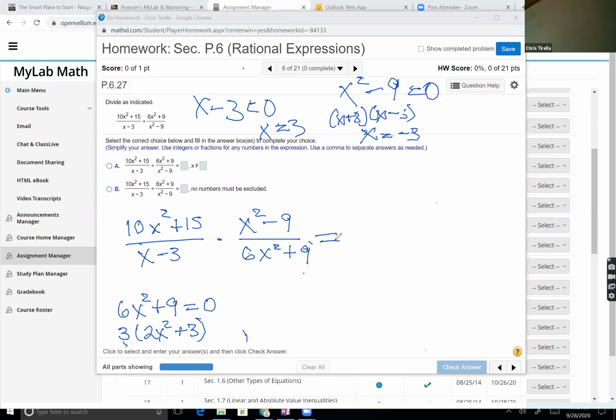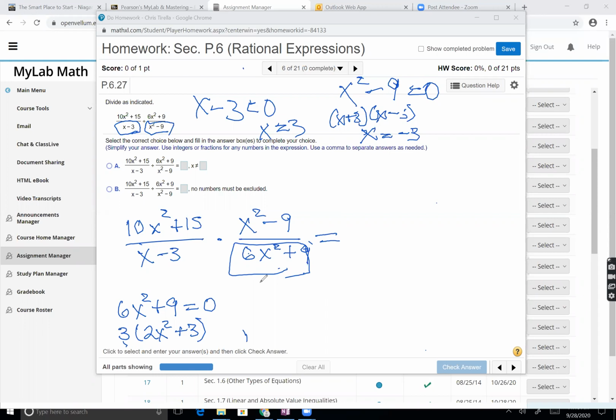With the division problem, this cannot be 0, this cannot be 0, and after you flip it, you still can't have a 0 in the denominator. So you figure out the excluded numbers before and after you flip, right.